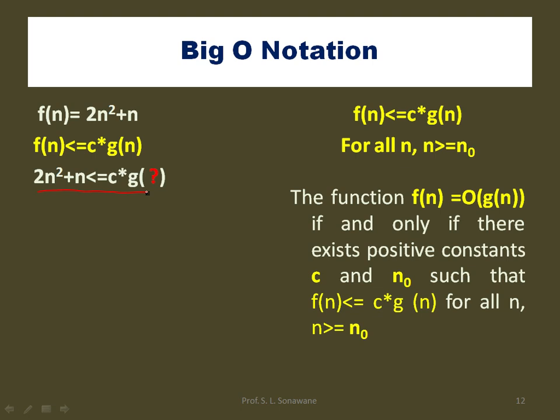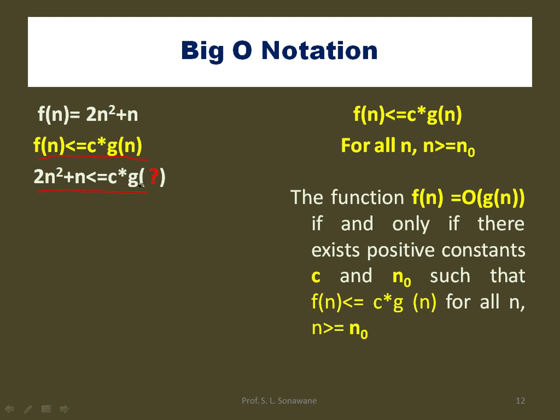So what will the function be? Our statement, after putting the value of f of n, is 2n square plus n less than or equal to c into g of what?